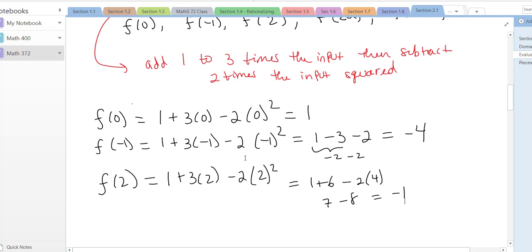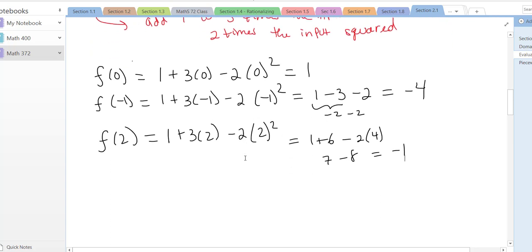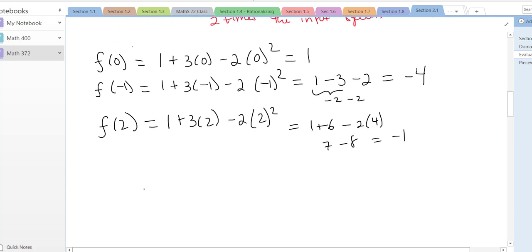The next one is f of 2a and then f of x plus h. So f of 2a, I do 1 plus 3 times the input minus 2 times the input square. And so as things get more complicated, we have to do a little more work.